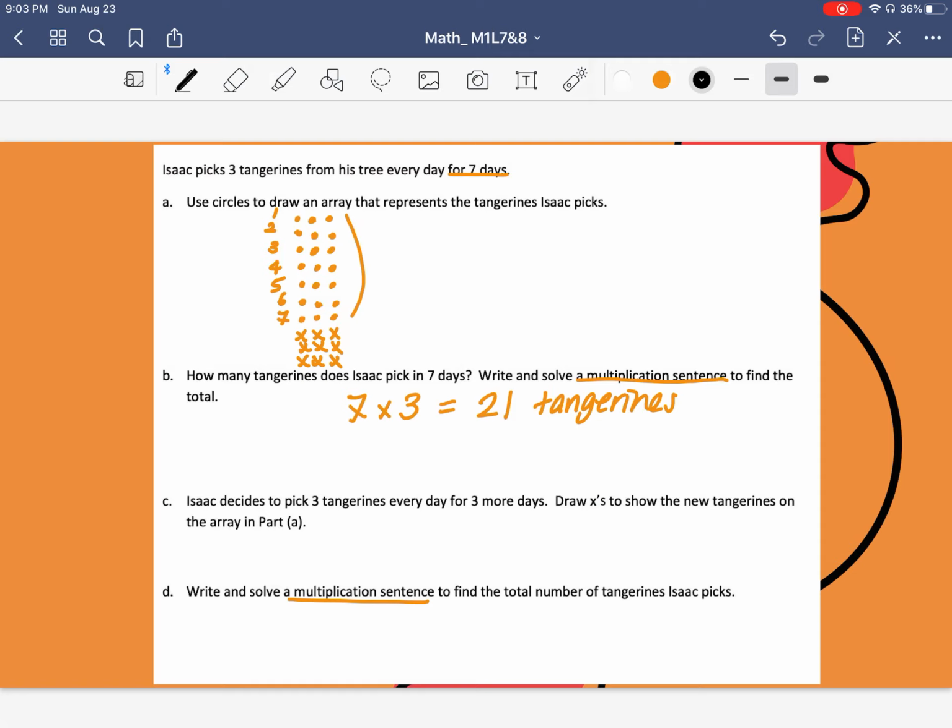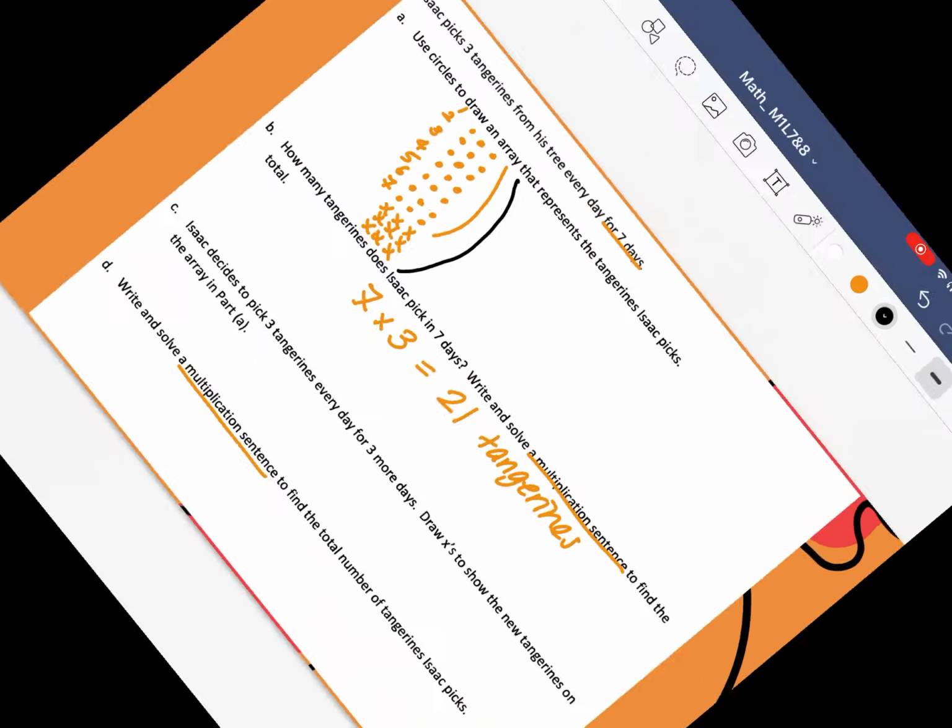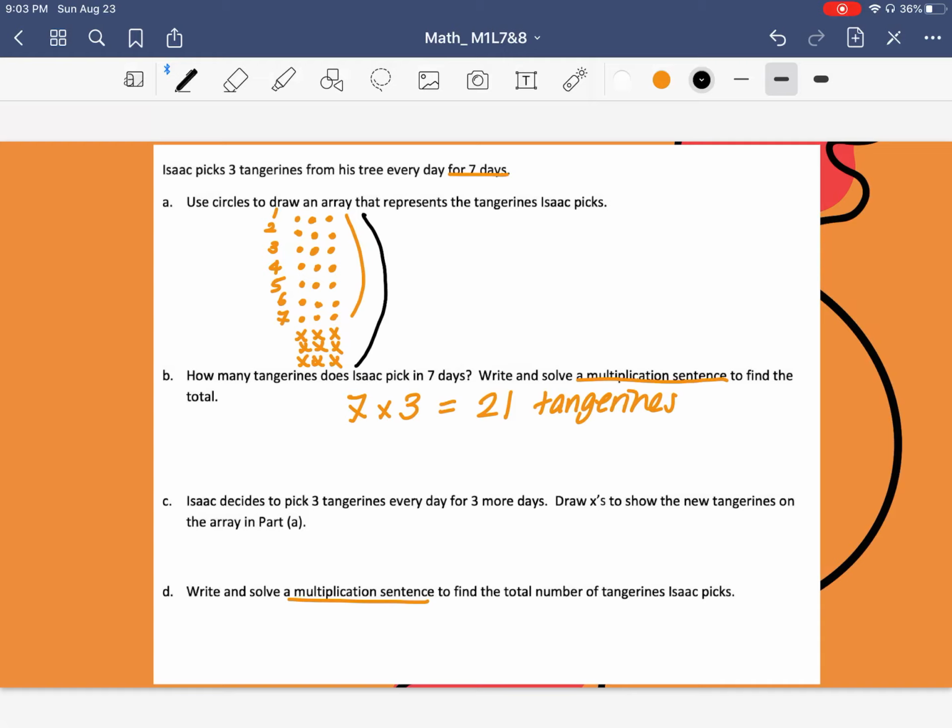So now the question is asking, how many tangerines has he picked over 10 days? And there are 2 ways to represent this calculation. One is, in the first 7 days, he picked 21 tangerines.